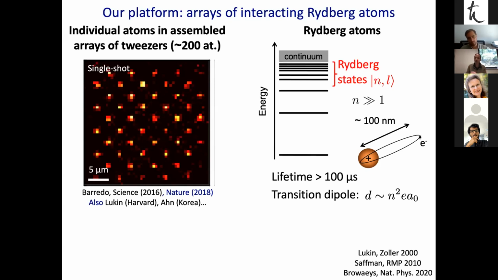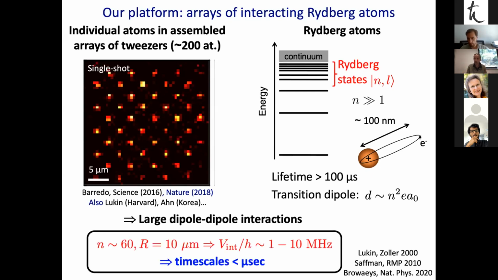And the second thing is because there is this large separation between the plus and minus charge, it means that you have a large dipole moment, and the dipole moment scales like the square of the principal quantum number. So the consequence is that you develop large dipole-dipole interaction, even for distances between the atoms which are very large.